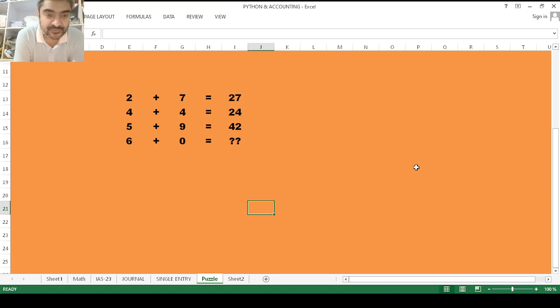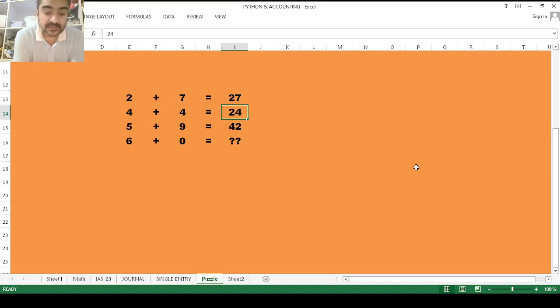First you need to remember one thing, that these types of puzzles are not pure mathematics. As you can see in this puzzle, 2 plus 7 everybody knows is equal to 9, but here I have written it as 27. 4 plus 4 is always equal to 8, but we declare it as 24 here.